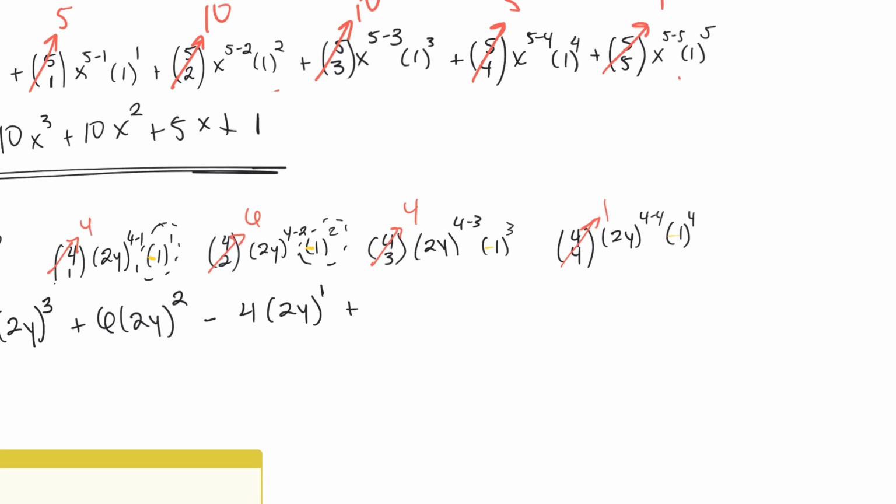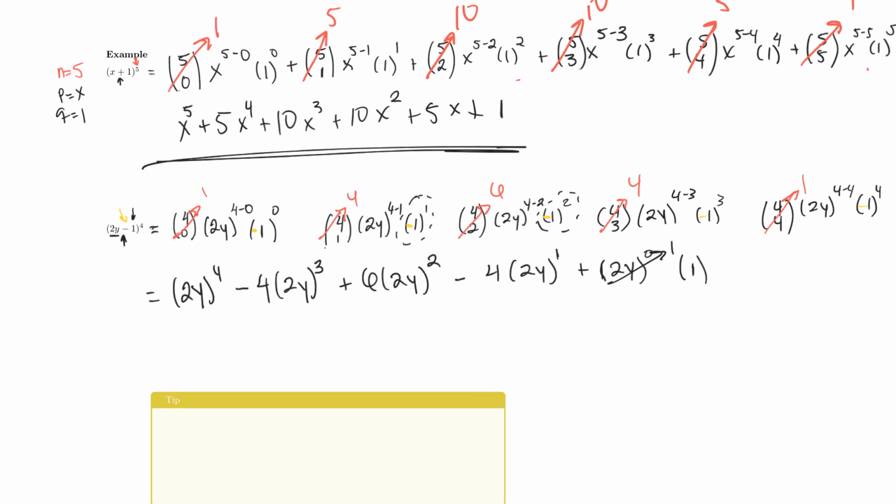And plus 1, which is just 1, times 2y to the 0 power, which is 1. And then we have minus 1 to the power of 4. This is 1 positive. Okay, so now we have 2 to the power of 4. This will be 16y to the 4th minus 2 cubed.